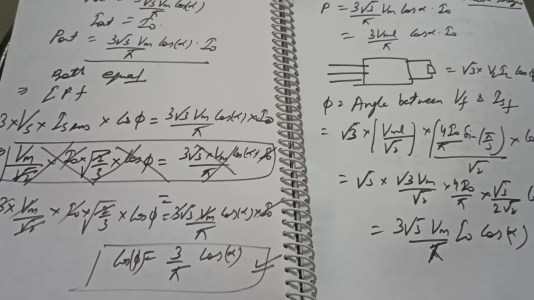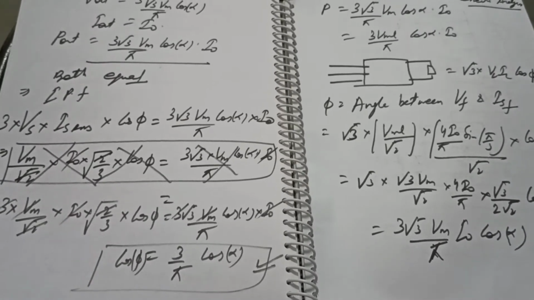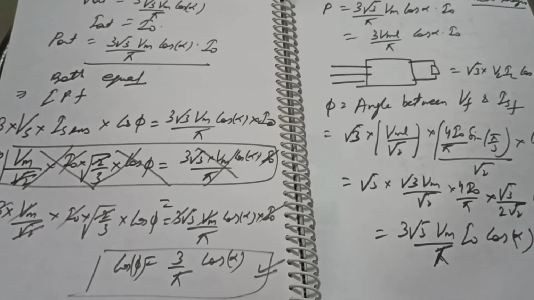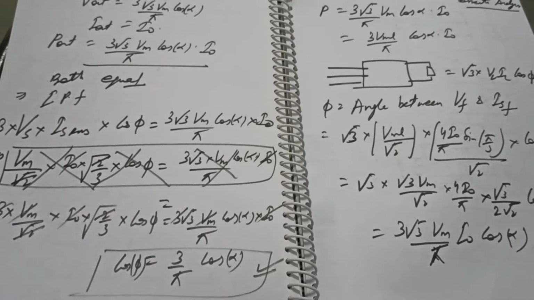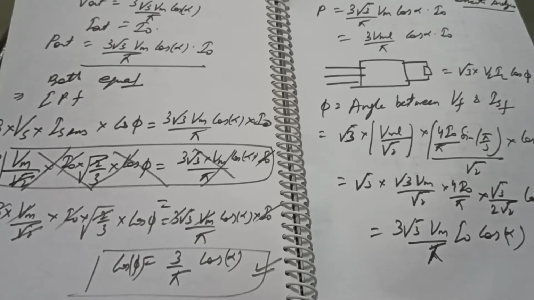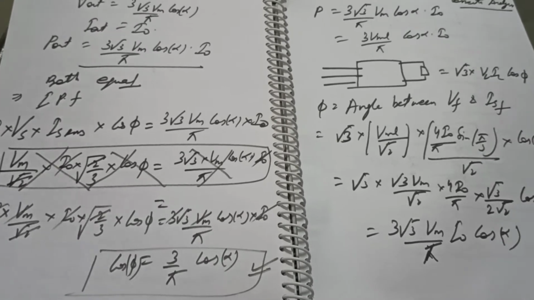The output average voltage is 3 root 3 by pi Vm cos alpha. Obviously the conduction mode is CCM here. The output current is going to be I naught. So when we multiply this, the power that we are going to obtain is 3 VmL by pi cos alpha into I naught.